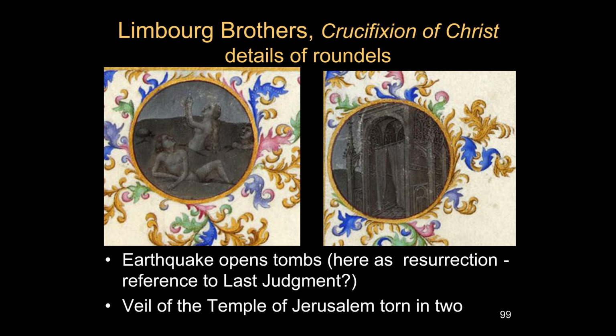So that's quite interesting here, because it's shown as a resurrection, and it may definitely be a reference to the Last Judgment. The other thing the Bible says was when they had this earthquake, the veil of the temple of Jerusalem was rent. It was torn in two. And so we see a little scene of this curtain, the veil, being torn into pieces.